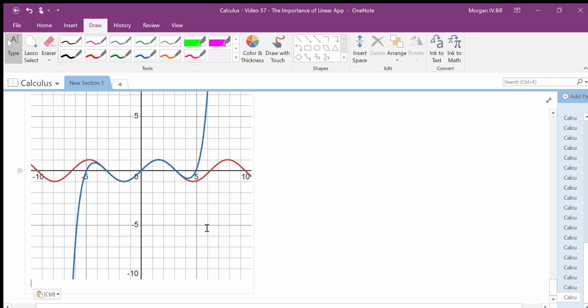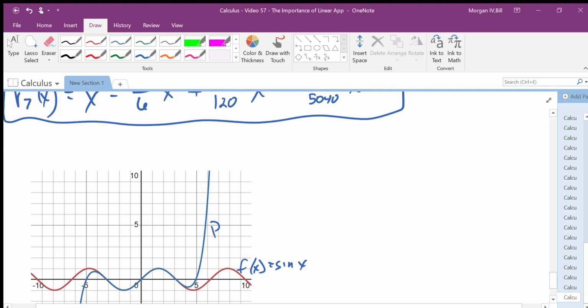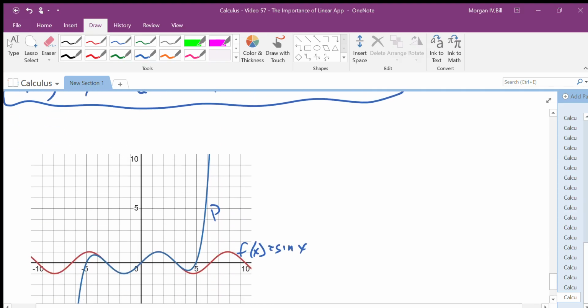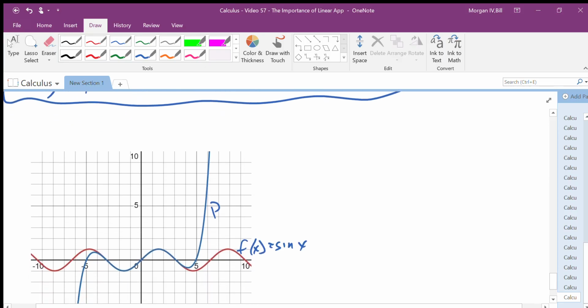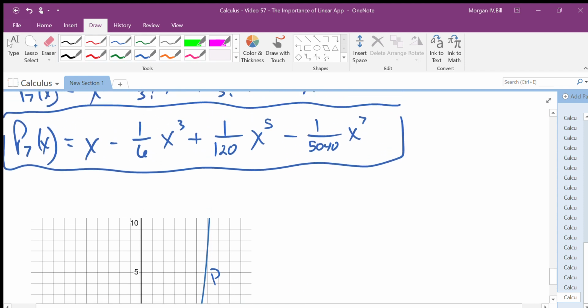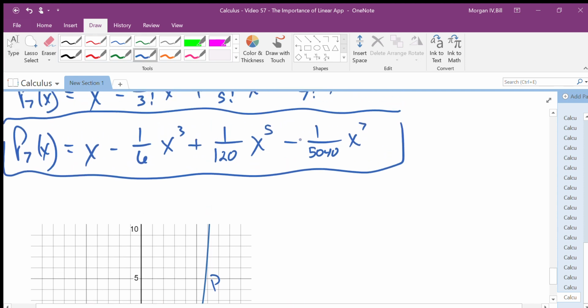Okay, so in this case, this is again f of x equals sine of x, whereas the polynomial here in blue, this is the 7th. I believe I did 7 here. Well, I wonder if that's 9th. I say that because this is trending upward, and a degree 7 polynomial with a negative in front should be trending downward.